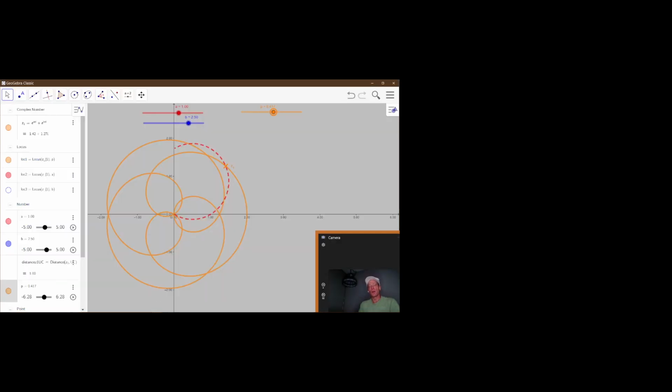This has to be one of the best examples of demonstrating this abstract idea of wrapping around. Notice here I have made the loci dotted lines, right?